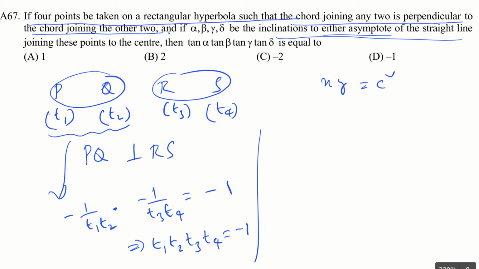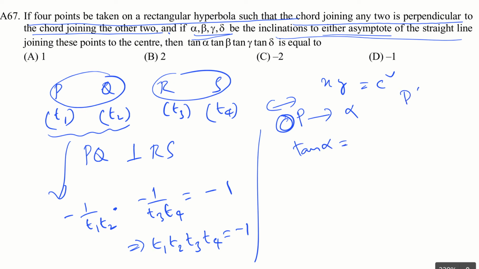Now alpha, beta, gamma, delta are the inclinations of these points with the asymptotes. So if I take one asymptote, for example, let us assume the x-axis, we know that that is one asymptote, then these are the angles made by the line joining OP. It has an inclination of alpha. So tan alpha is nothing but slope of OP.